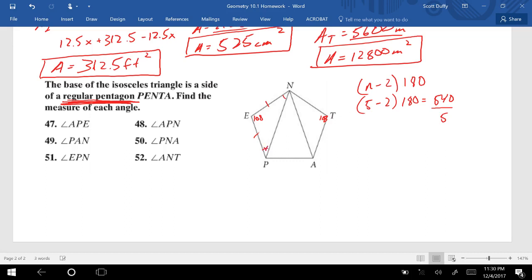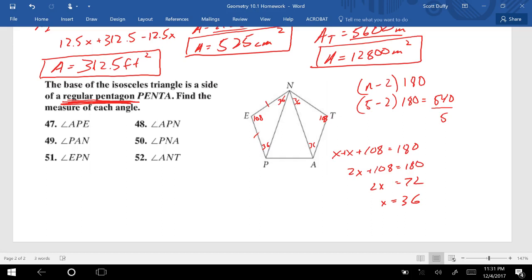I'll call both of these x, and I say x plus x plus 108 should be equal to 180, or 2x plus 108 equals 180. 2x is equal to 72. X is equal to 36. So each of these individual small angles is 36. And the same thing on this side, 36, 36.